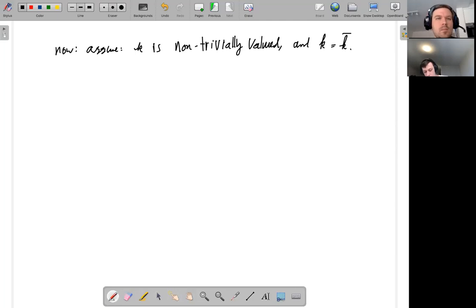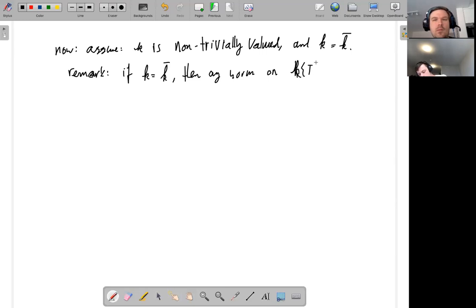A nice result: if this holds, then any norm on k{t} is determined by the values it takes on t minus a.